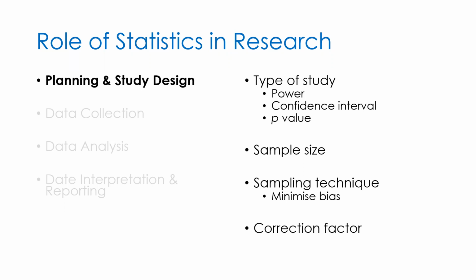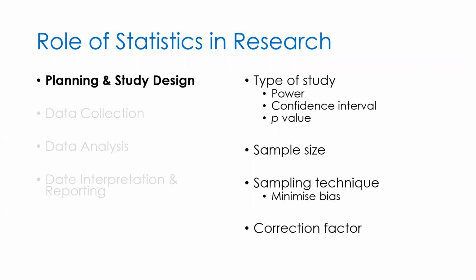But if you power your study below 80, then it means that for your p-value, you are going to be using something that is more than 0.05, and that level of statistical significance is not going to be very useful. So you need to decide from the beginning what power of study you are going to use.